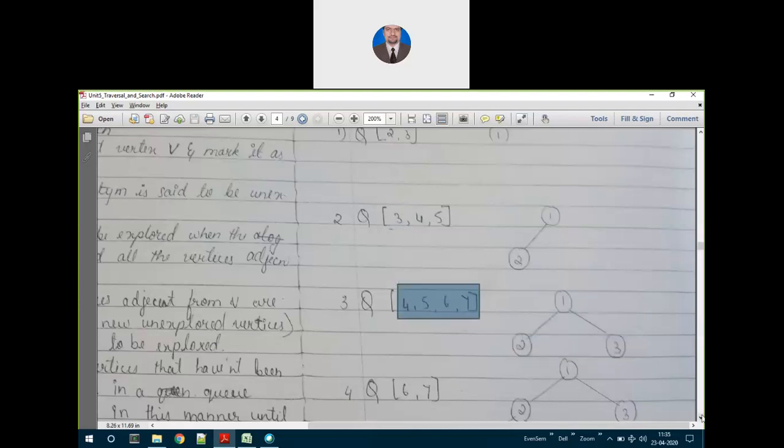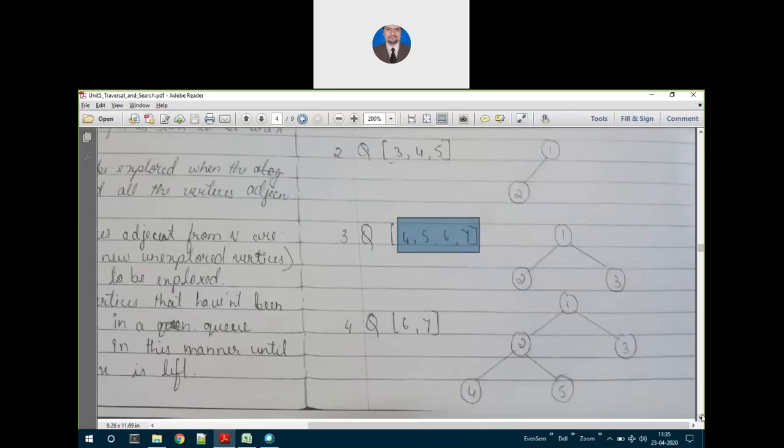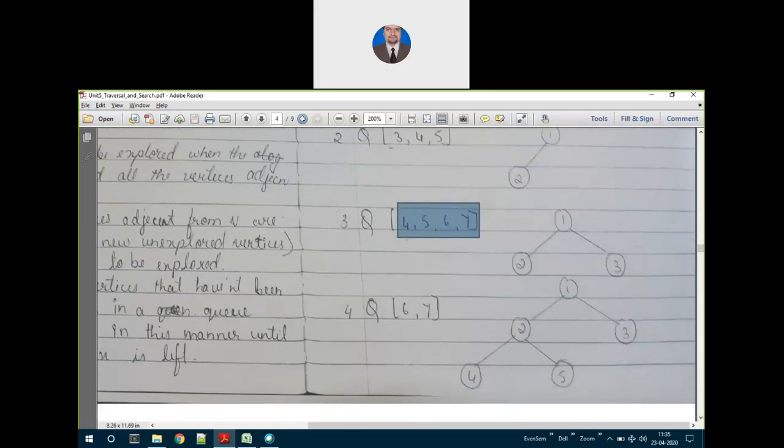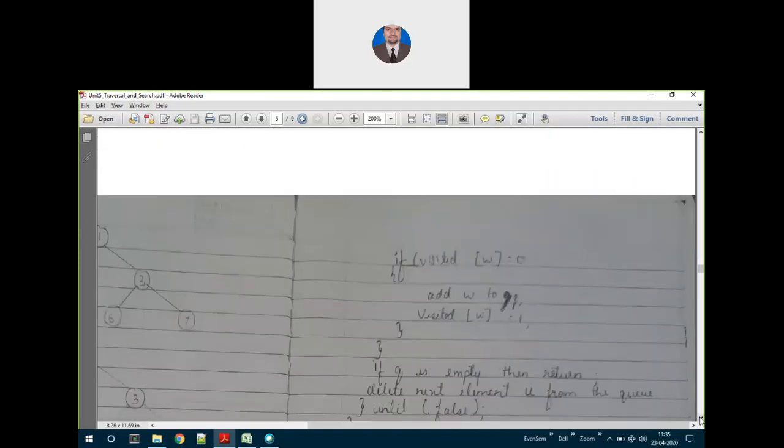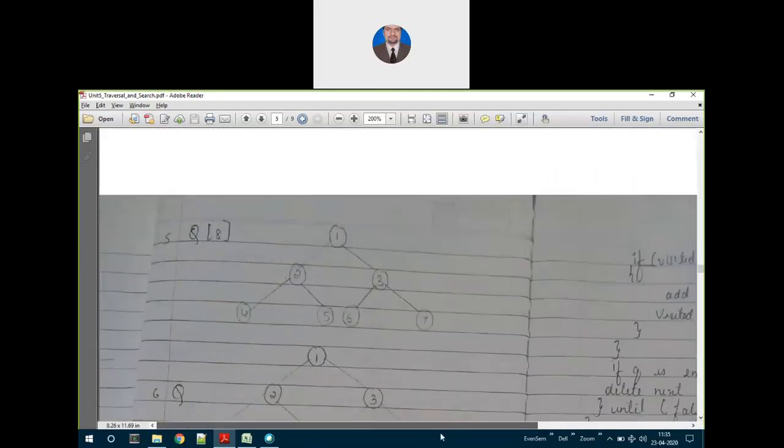Then I will continue the same process here. Now I should be exploring 4 first. 4 is connected to 8.